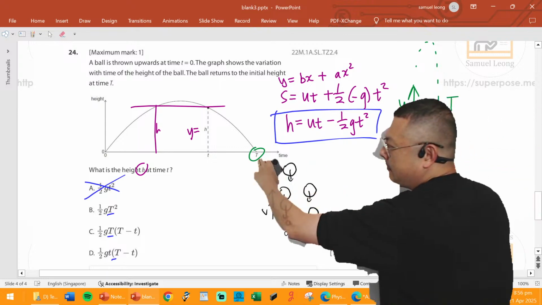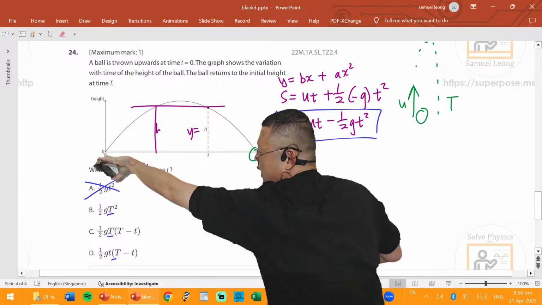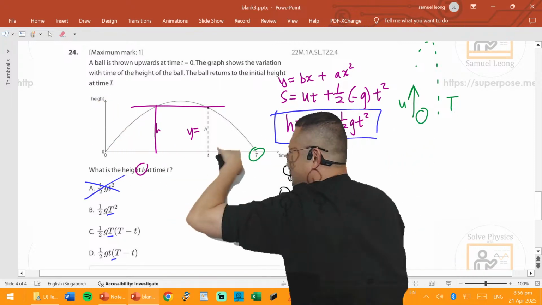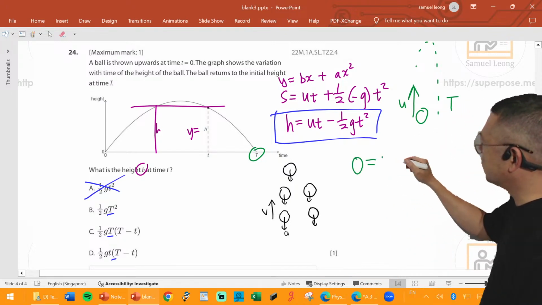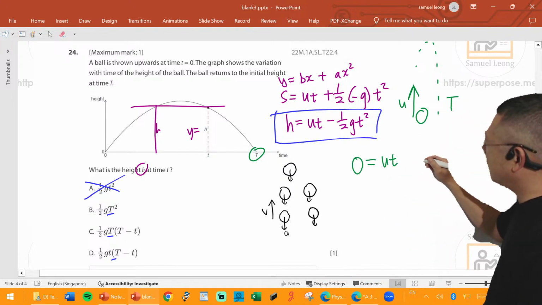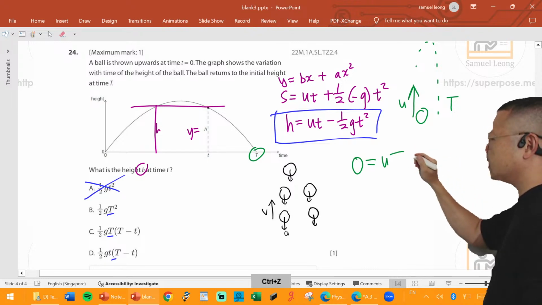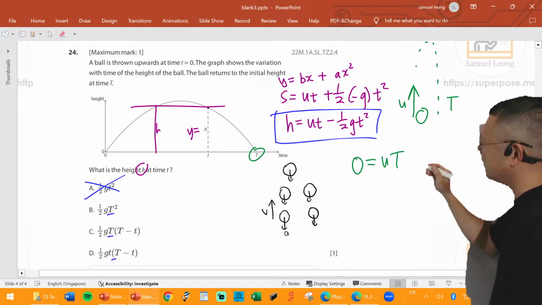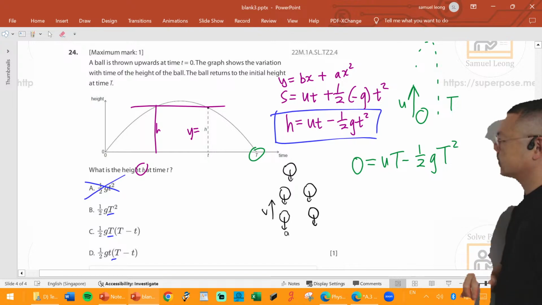So at time capital T, the displacement, the height, is back to zero. Then I'll sub it in: 0 equals uT minus half g T squared, where this T has to be capital T, at that specific big T.